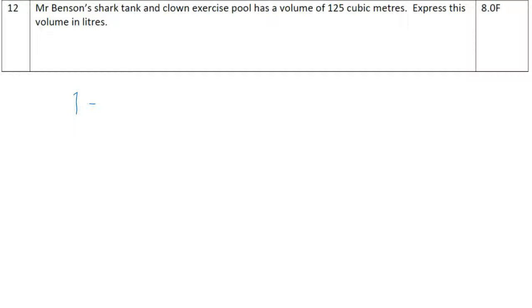So 1 litre is 1 decimeter cubed. Now, if we think about a cubic meter, so I'm going to sketch a dodgy cube here. Now, a decimeter is 1/10 of a meter. So what that means is 1 litre is like a little cube chopped off the corner of our cubic meter there.